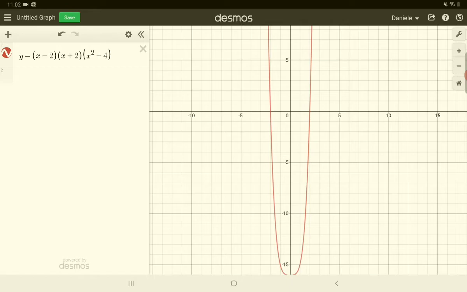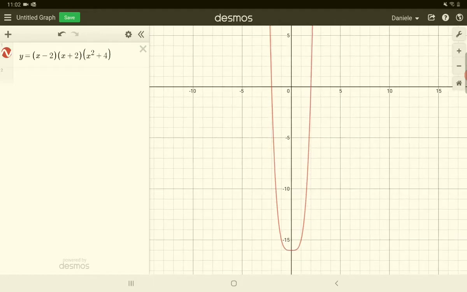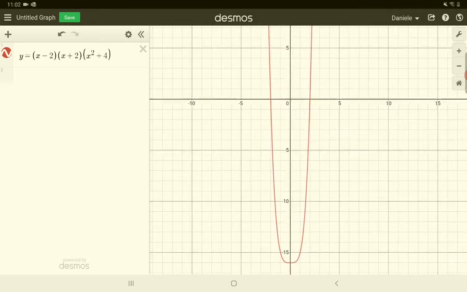So I graphed this exact factored form equation that we got, and you can see that we have two x-intercepts, two solutions, (-2, 0) and (2, 0). And nothing here shows that there was any sort of x-intercept for that x squared plus 4 factor. So there's nothing there that shows that.